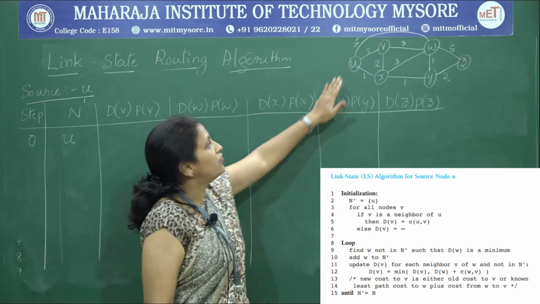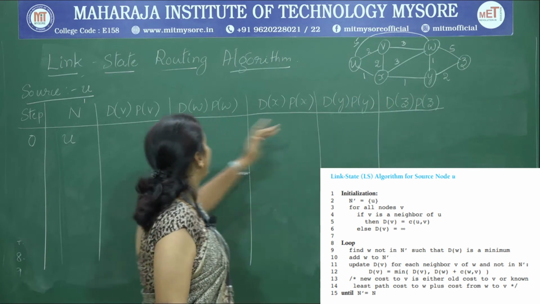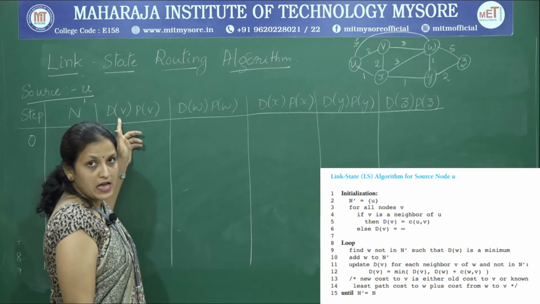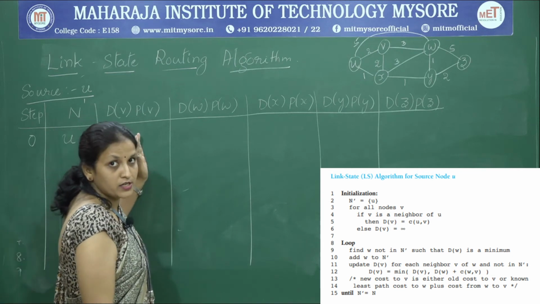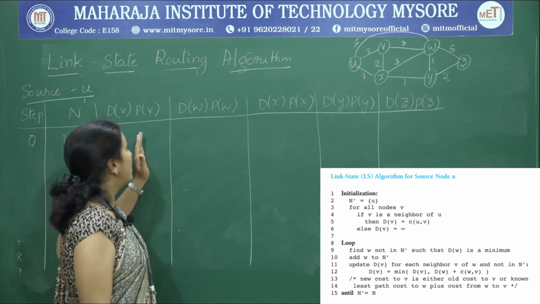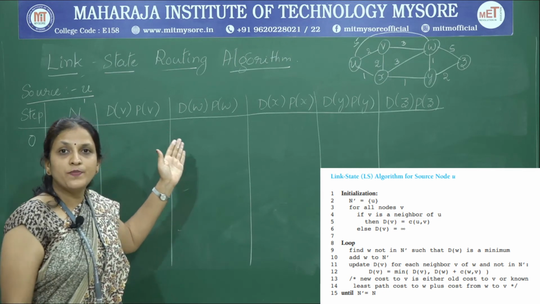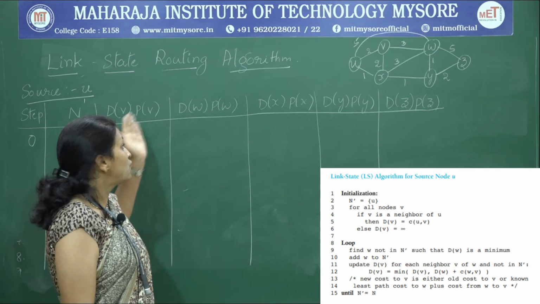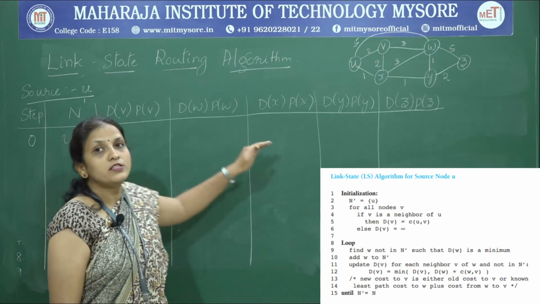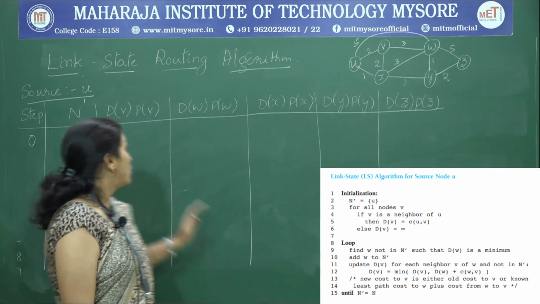And for each of these routers, we are going to calculate D of V, that is the cost it takes to traverse from the source to that particular node, and P of V, that is the previous node or router that it has to traverse through in order to reach that node, right.